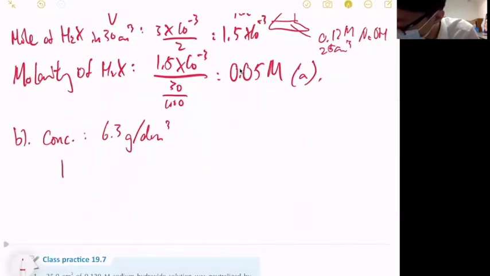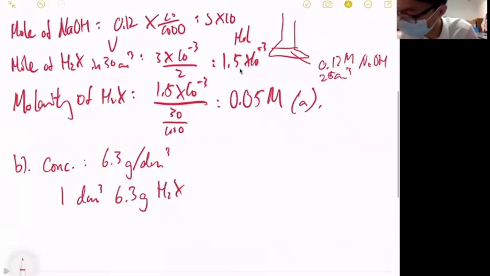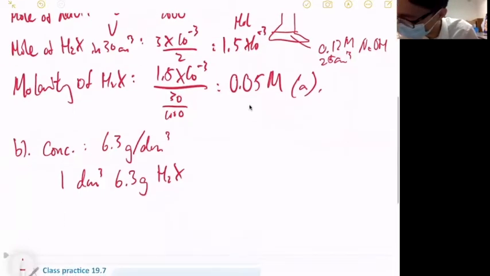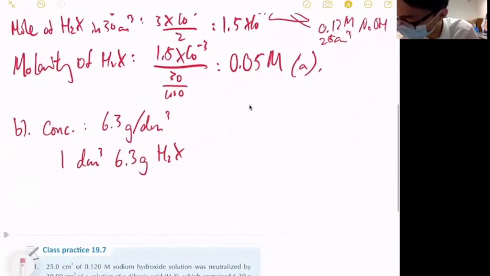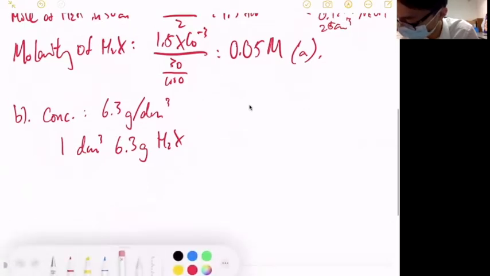That means in 1 dm³, we have 6.3 grams of the H2X, right? And in part A, we calculated that in 1 dm³, in this way.